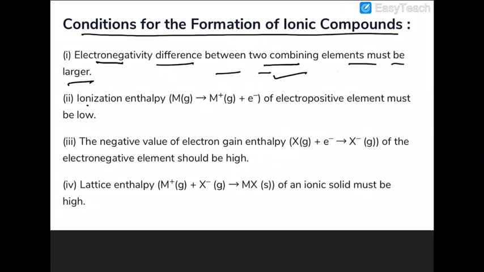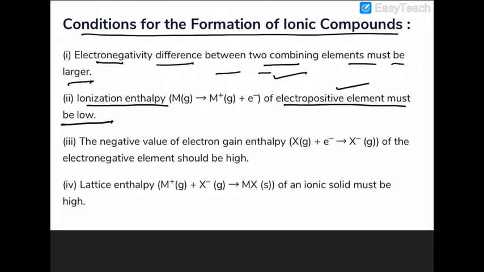Similarly, ionization enthalpy: the energy required to remove the most loosely bound valence electron is called ionization enthalpy. The metal must be electropositive and should have low ionization enthalpy.